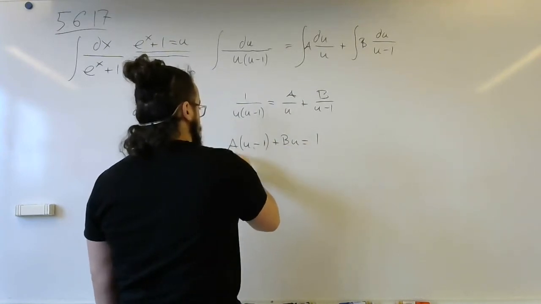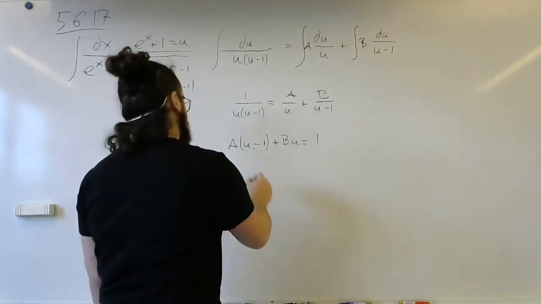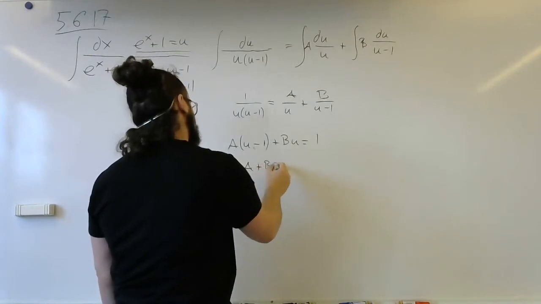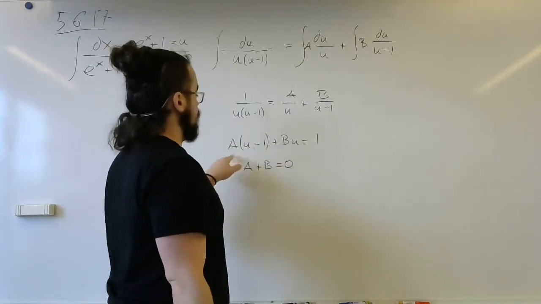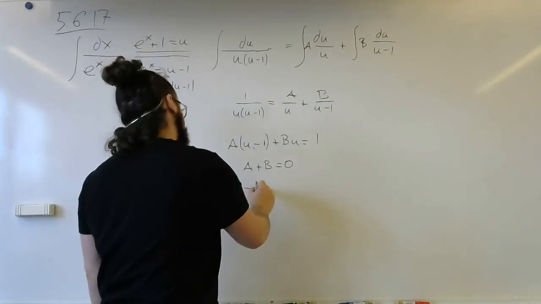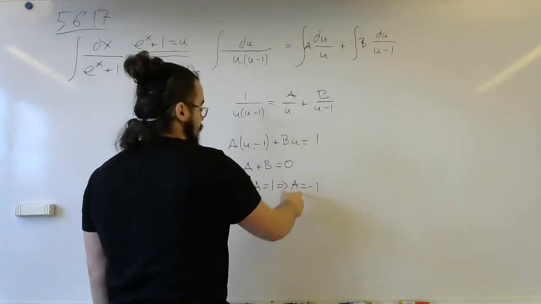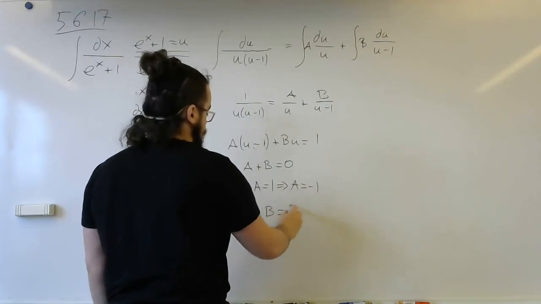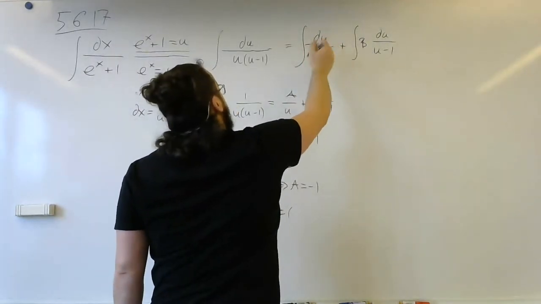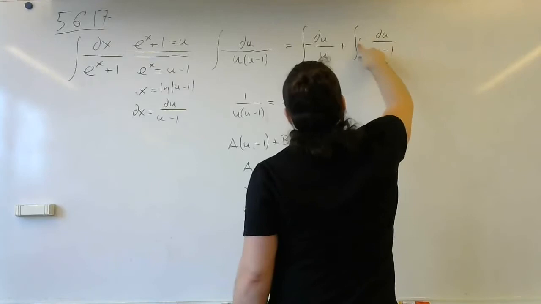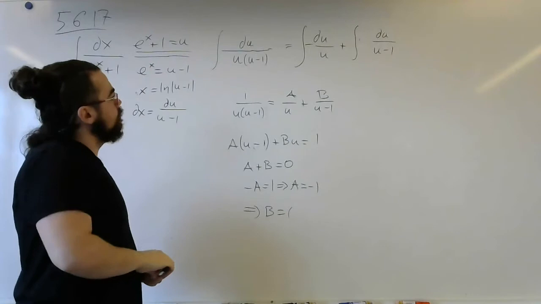So a plus b is 0 because there is no u on the other side. And if we look at the ones, we have minus a equal 1. And from a equal minus 1, we get b equal 1. So this thing right here, we can write it like this.